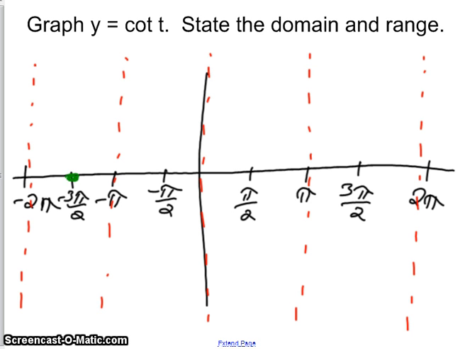So at all of the odd multiples of pi over 2, I'm putting zeros. And where tangent was an increasing graph, cotangent is decreasing. It follows the same shape, it's just heading in the opposite direction. So this would be concave up, approaching the vertical asymptote to the left, and concave down, approaching the vertical asymptote to the right.